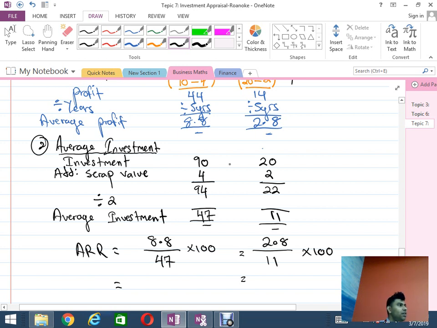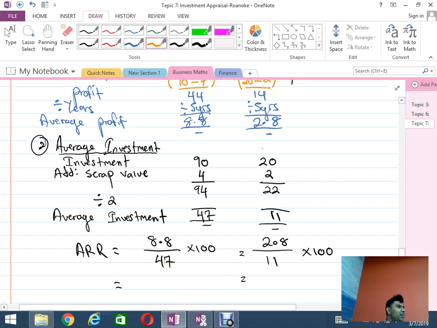How much? 8.8 divided by 47, you should get more than 17%.